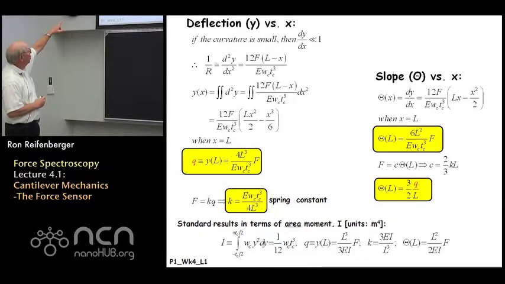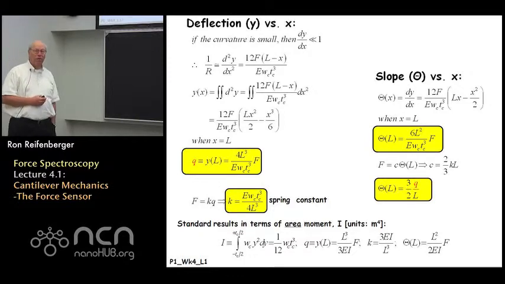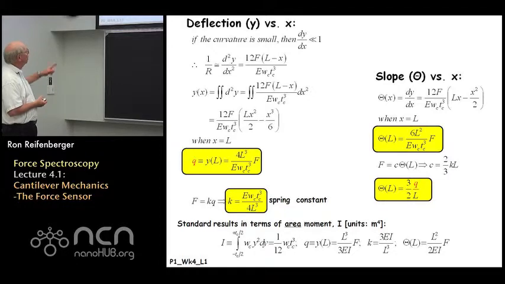We then end up with an expression shown in the red box, which says that the displacement is in fact linearly proportional to the applied force, and there's a proportionality constant, 4 times the length of the cantilever cubed, divided by the Young's modulus E, width of the cantilever, and then the thickness of the cantilever to the 3rd power. And so then you can make an analogy back to Hooke's law. You can say that the force is going to be linearly proportional to the displacement of the cantilever.